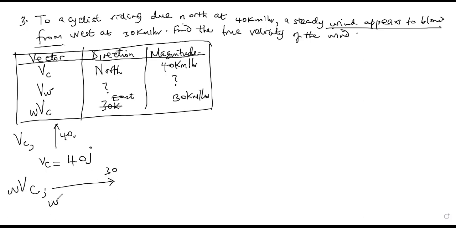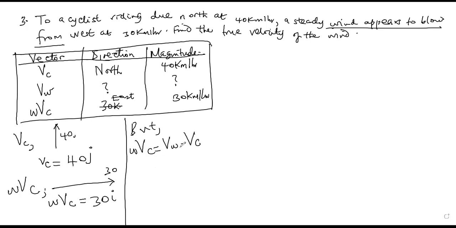So the velocity of wind relative to the cyclist is 30 I. Velocity of wind relative to the cyclist is the same as velocity of wind minus velocity of the cyclist. Implying that if we are interested in velocity of wind, it's the same as plus the velocity of the cyclist. So velocity of wind is equal to relative velocity of wind to the cyclist, that is 30I, plus velocity of the cyclist, that is 40J.